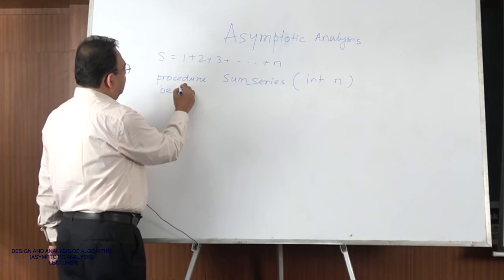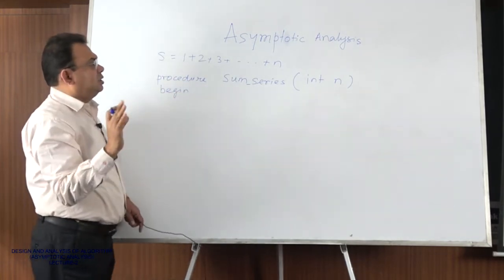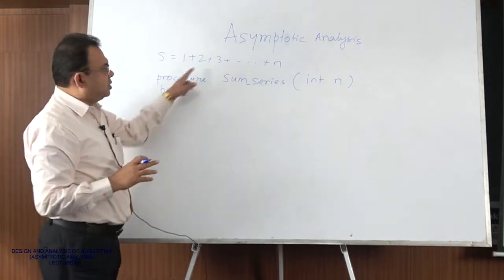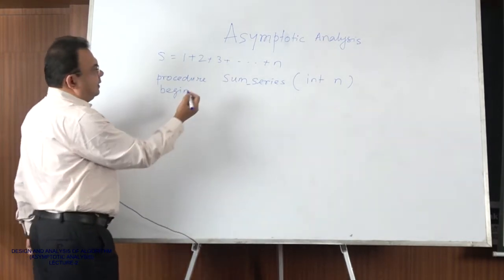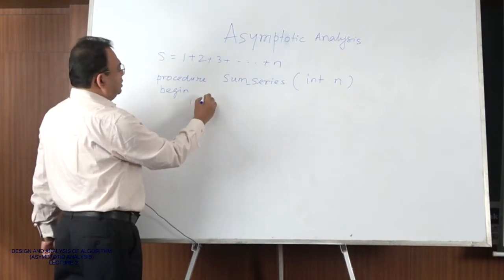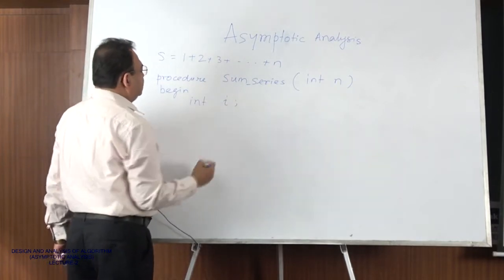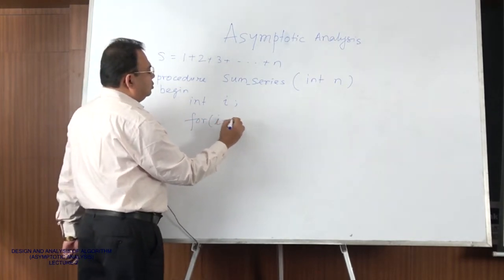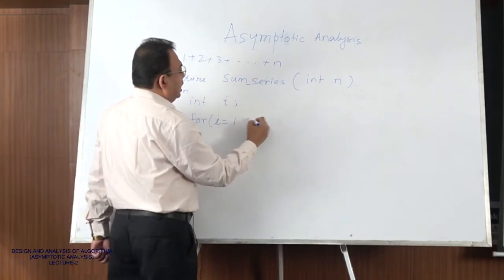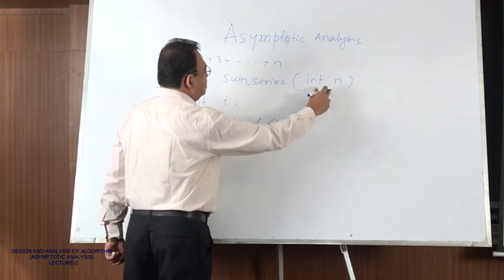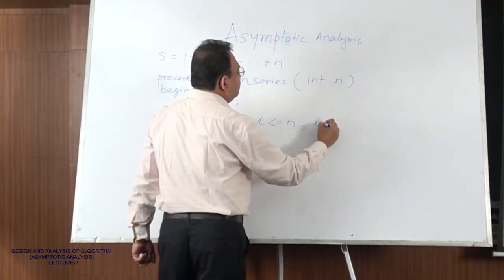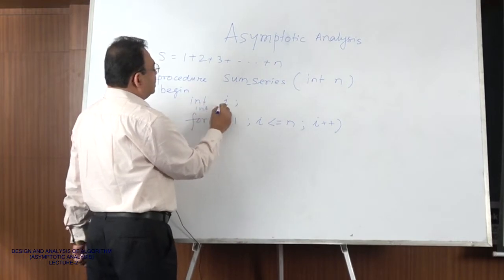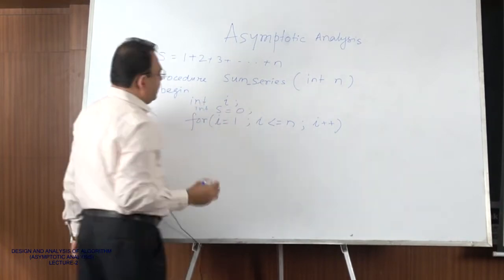Begin. I am using a notation which is not particular to any language, a syntax-free notation so that it can be easily understood. I declare an integer variable i. I set a loop for i equal to 1, i less than or equal to n, i plus plus, and another variable s for the sum, initialized with 0.